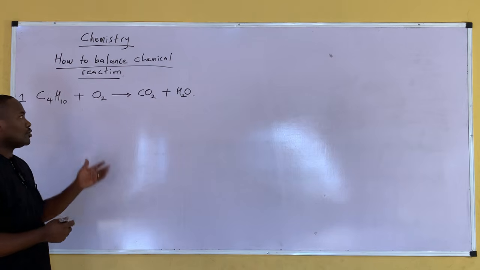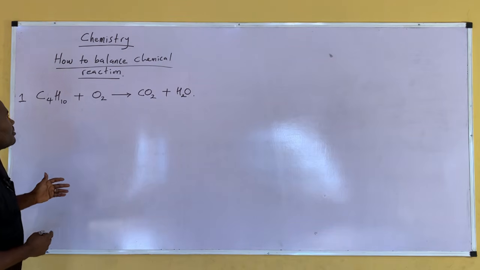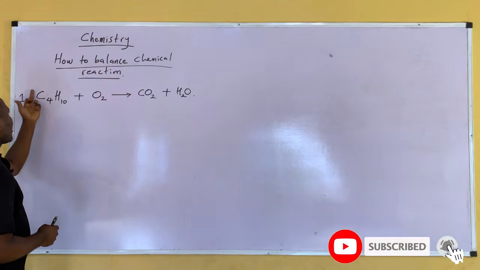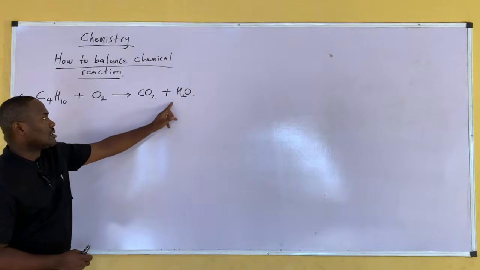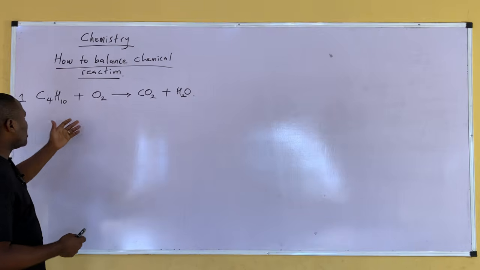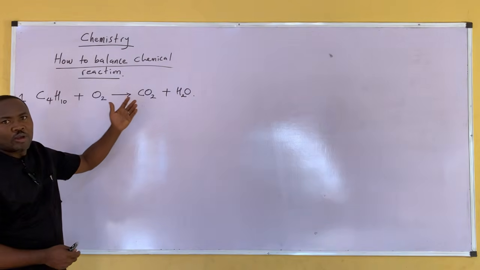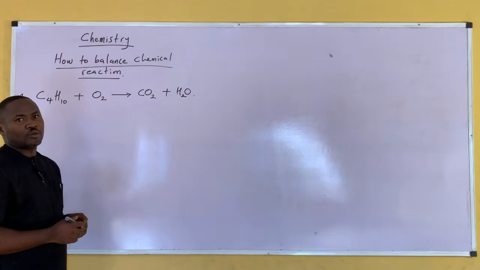So that's what I'll be doing. Remember that when this reaction is balanced, there are coefficients that will be at these places. It could be 2, it could be 3, it could be 4, but these places might take a coefficient.